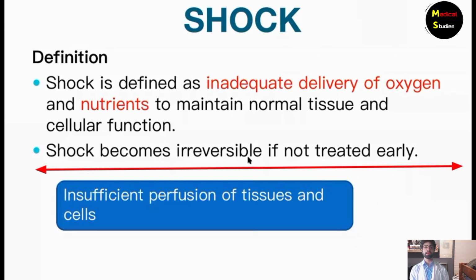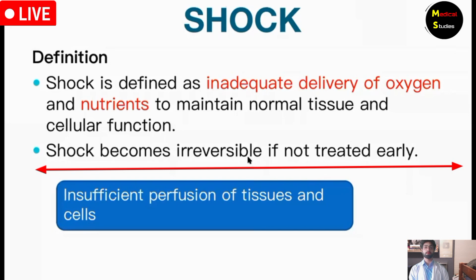If that cannot happen, then the condition is known as shock. Understand, everyone? If there is an imbalance between your body's demand and requirement, then it will be the condition of shock. Next, shock becomes irreversible if not treated early.